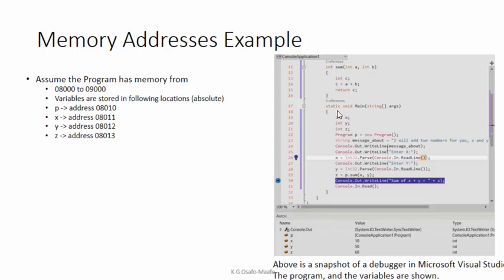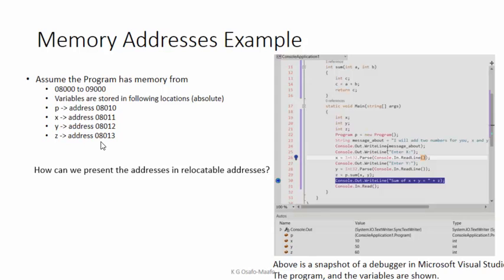P is just a class that contains the function. And I'm saying, for example, assuming that p is stored in some location, y in another location, x and so on, these are the absolutes, so it means that the program is currently in a specific physical location from 8,000 to 9,000. And so based on those, it's been given all these addresses.